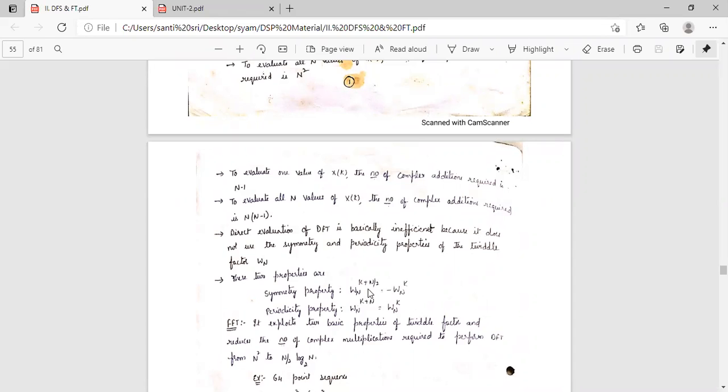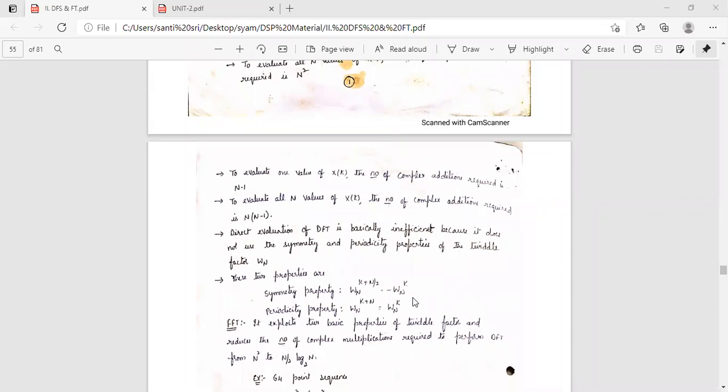So here these two are the twiddle factor properties, that is symmetry property and periodicity property. What is symmetry property? W_N power k plus N by 2 is equal to minus W_N power k. Similarly, the periodicity property is W_N power k plus N equal to W_N power k.